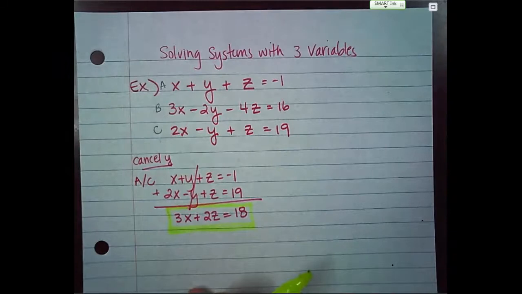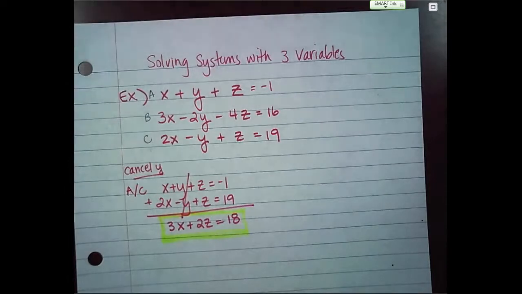Does that make sense? We're just manipulating the equations around until we can get two variables. So which two, if I have my goal, remember I already wrote what my goal is, that helps me out. What was that canceling? Y. And I've used A and C. So I'm going to go back up here, I'm going to think. Okay, I've used this and this. So I'm going to come up with something different. I like these two because they're already opposite signs.